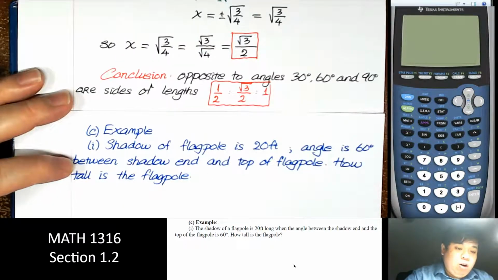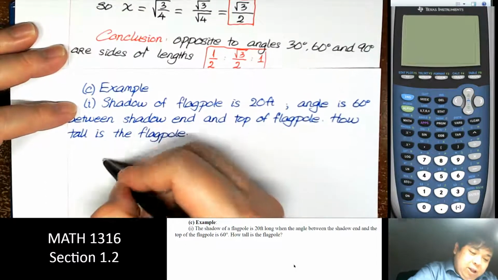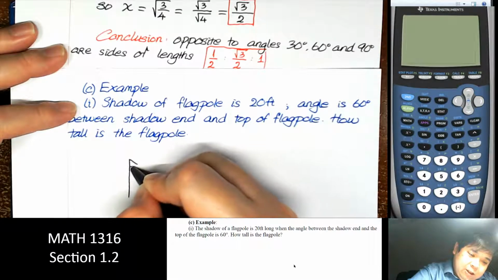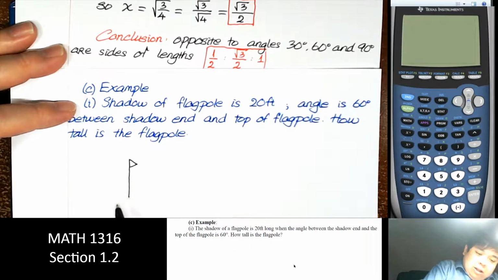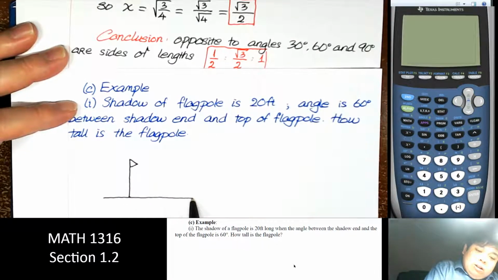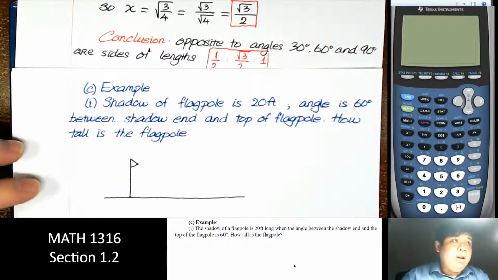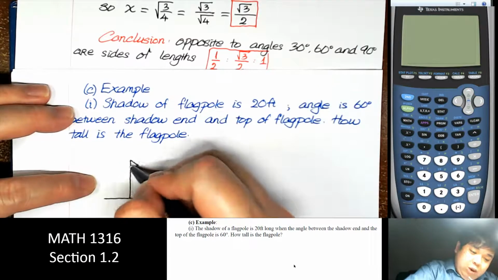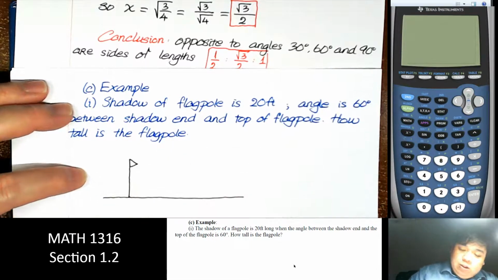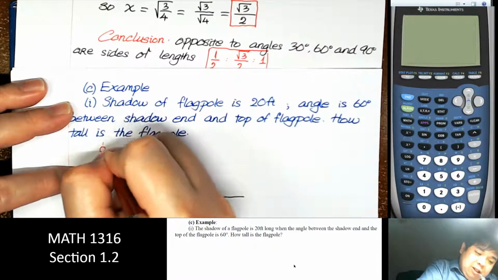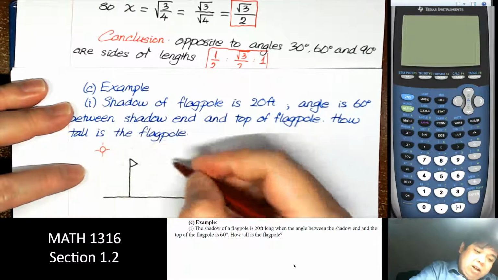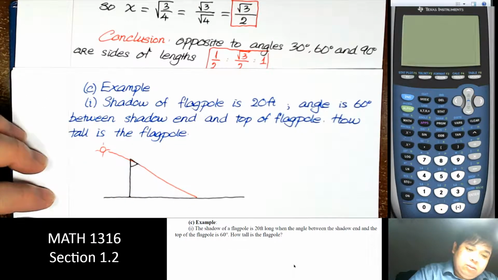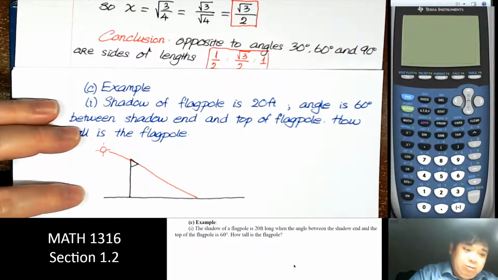Perhaps we don't need to write out the problem again, we just draw the picture. So let's say we have a flagpole here. And here's the ground. The shadow is 20 feet. So first of all, let's say the sun is in that direction, and we cast the shadow. That is a terrible drawing. Sorry.